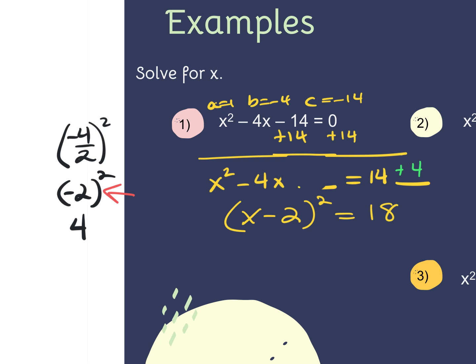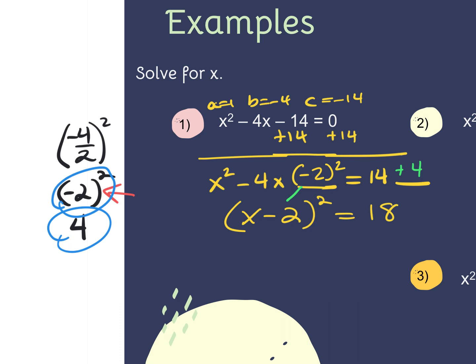So I'm going to put it in my blank space here as a -2 squared. Instead of putting it in as +4, I'm going to put it in as -2 squared, because then that shows me exactly what's going to go in my binomial. And then it's the x minus.